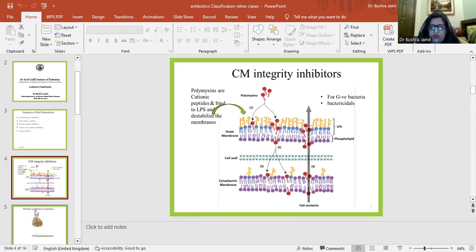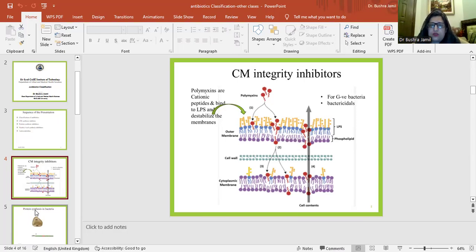So it adheres very firmly to the cell membrane because of opposite charges, and basically it causes the calcium and magnesium ions to ooze out from the cell membrane, and so it causes the destabilization of the outer membrane, and because of this destabilization, it causes pore formation in the cell membrane, and the intracellular cell content oozes out from inside to the outside.